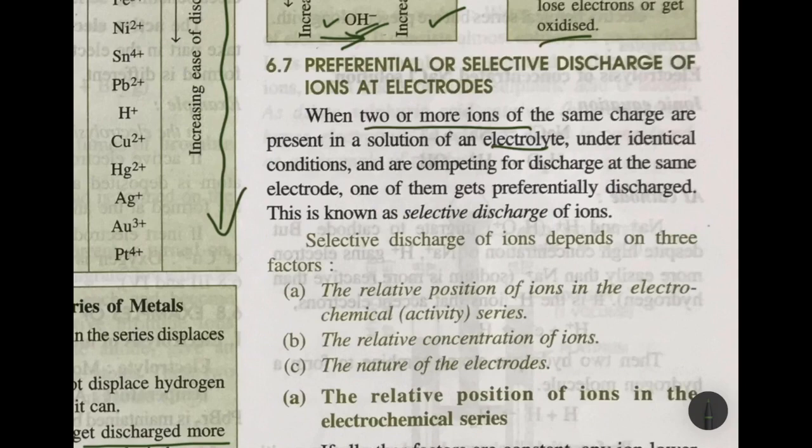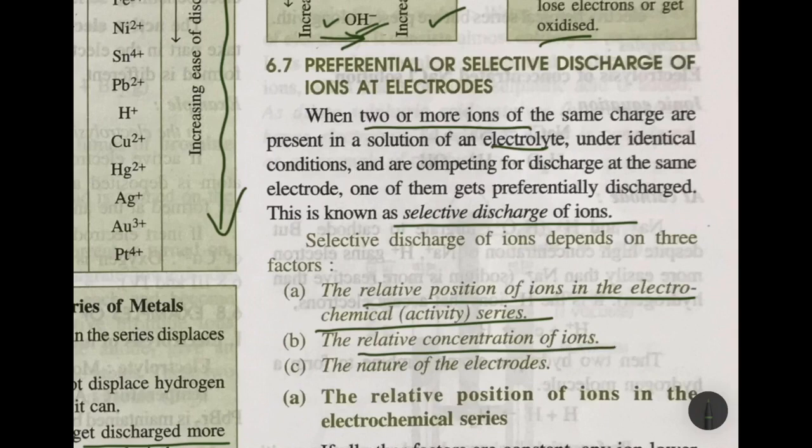So this is known as selective discharge of ions. Remember, selective discharge of ions depends on three factors. First is the relative position of ions in the electrochemical series, the activity series that we just discussed. Next is the relative concentration of ions.